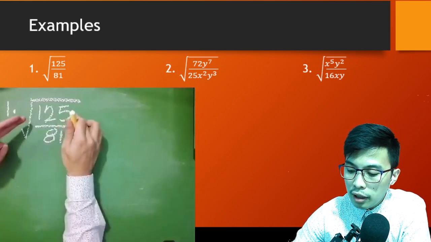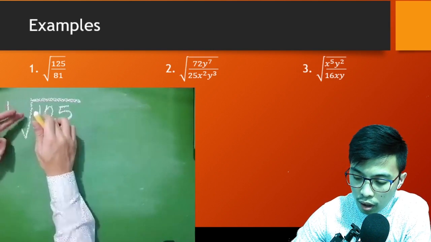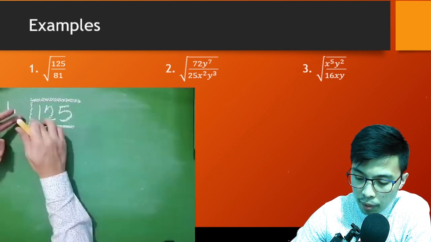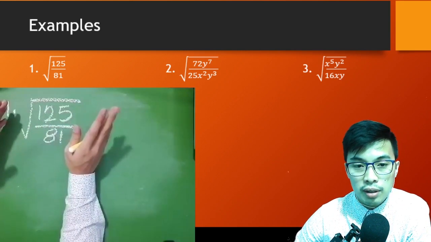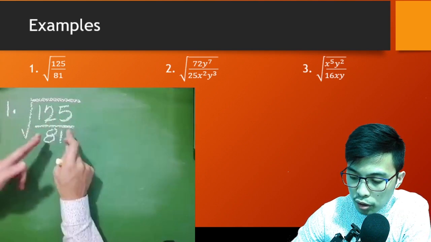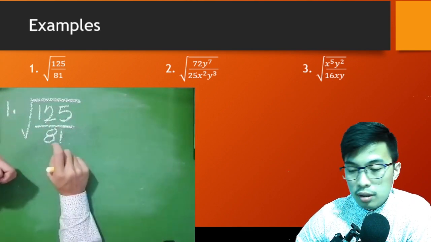So, before we break down this part, or separate the numerator and denominator, and separate their radical signs, we have to make sure first that the fraction inside is already in simplified form. Okay, this is my question.